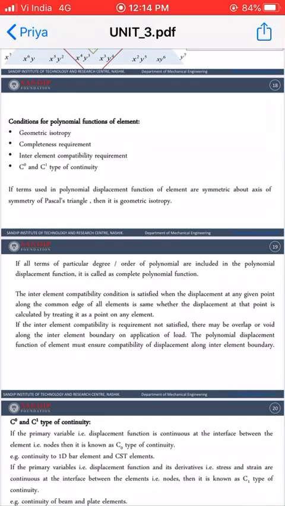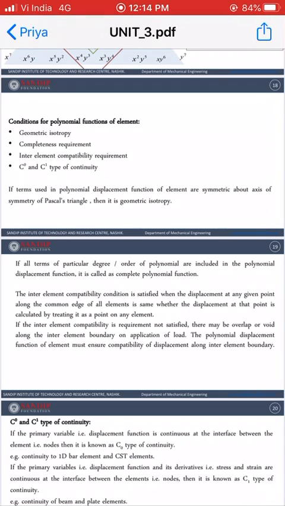In a similar way, for the constant strain rate condition, there should be some terms or combination of values of the polynomial shape functions which will cause all the points in the element to experience the same strain. In the previous case, the same displacement; in this case, the same strain in each element. The necessity of this requirement is understood physically.